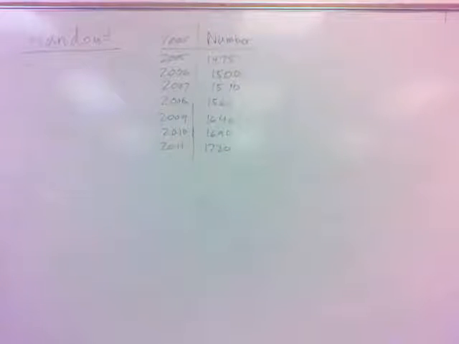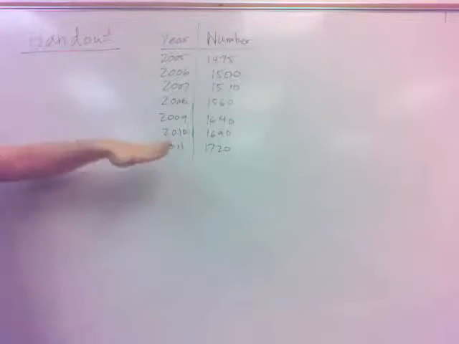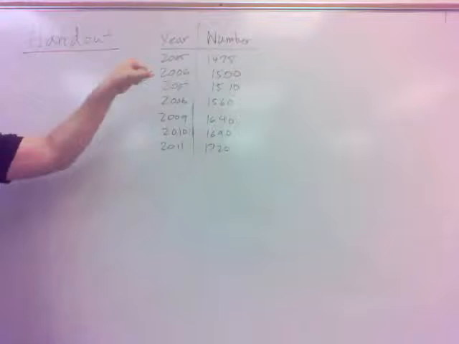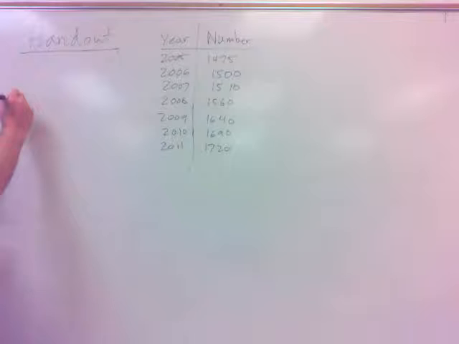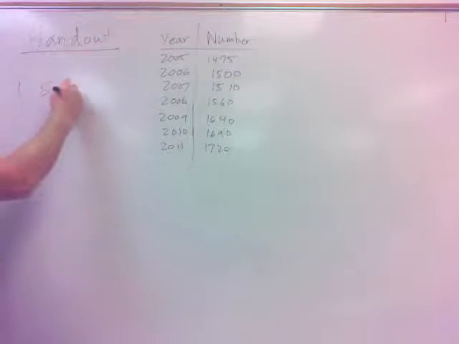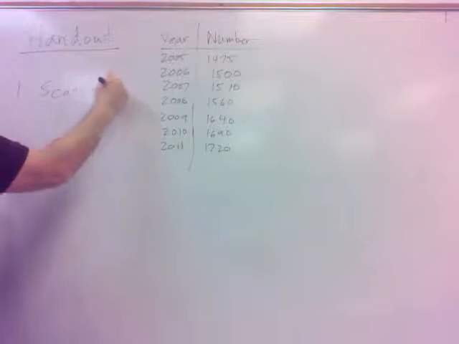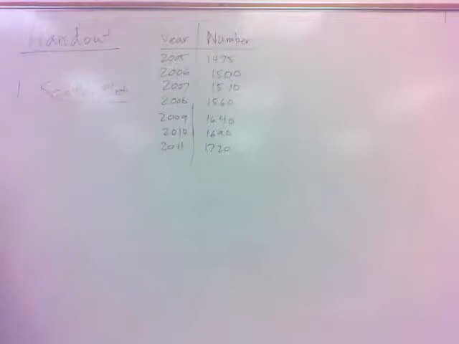All right, so on the handout, we've got the years 2005 through 2011. This is enrollment at Lincoln University, wherever that is. And so number one is a scatter plot. That's what we did last time, right? Did a little bit of scatter plotting.